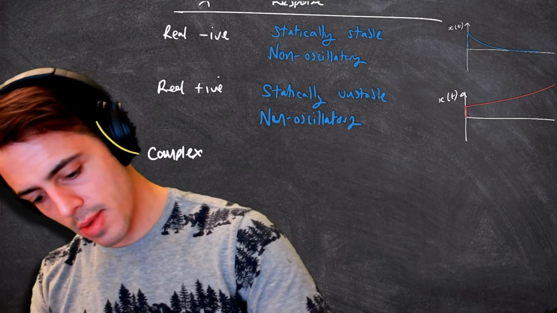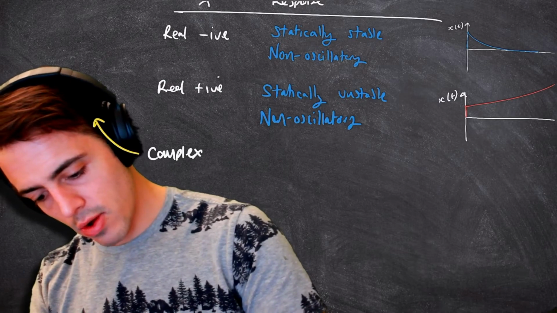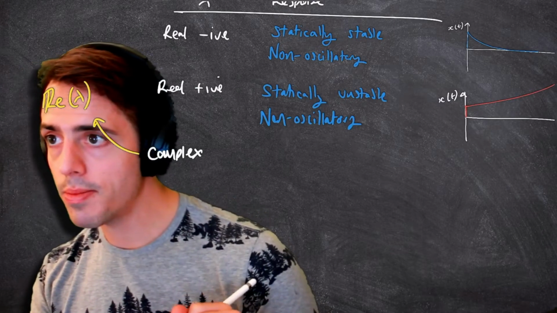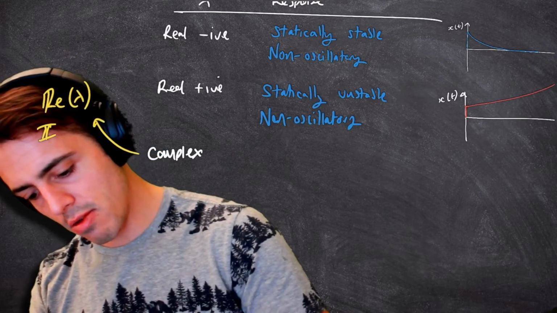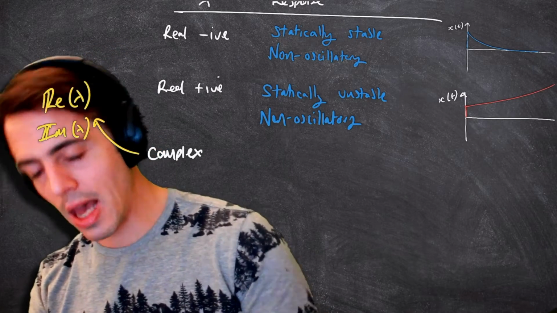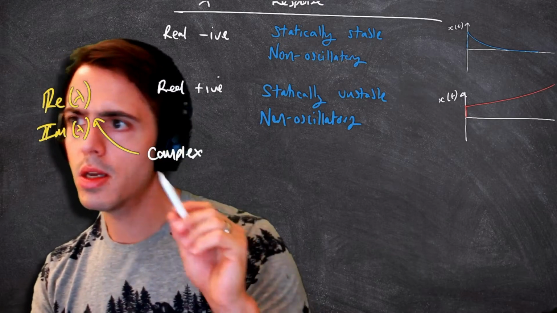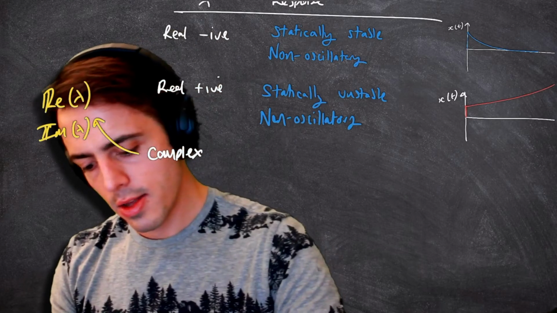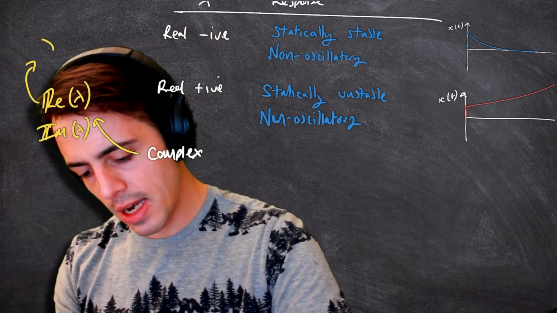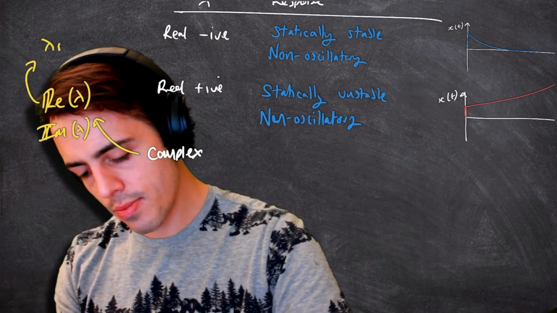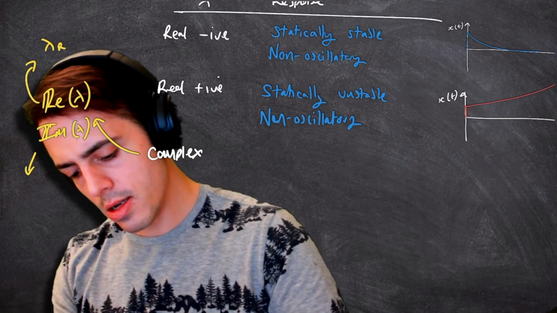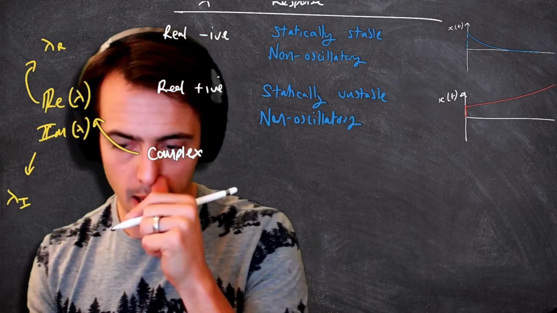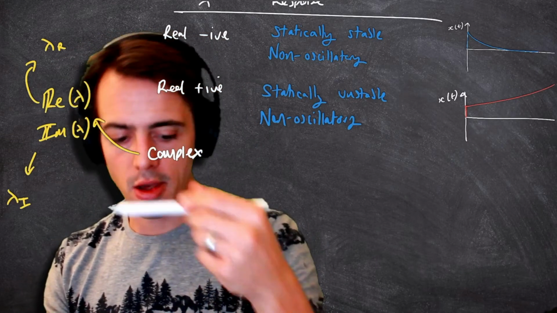This means that we've got a real part, lambda R, and an imaginary part, lambda I. Sometimes for convenience it's easy to write lambda with the subscript R, lambda with the subscript I, just for looking at these two different parts here. More often than not, I'll use this notation.